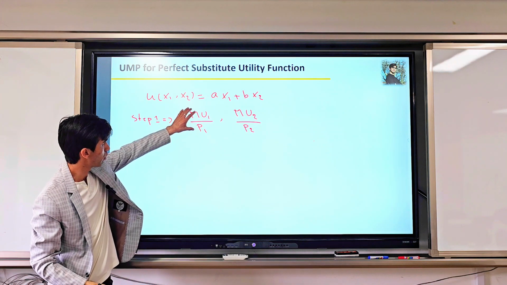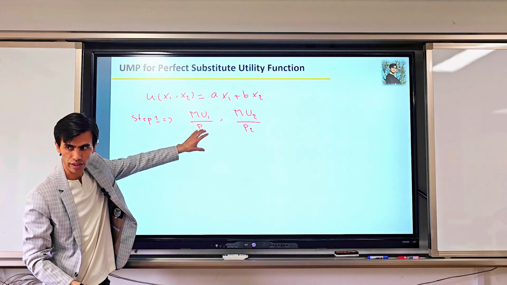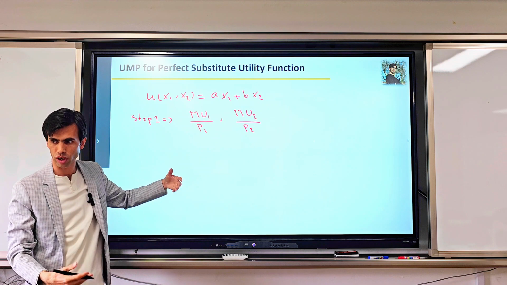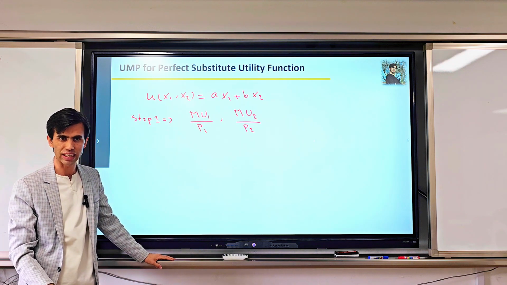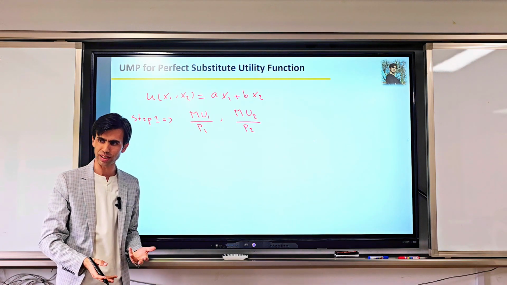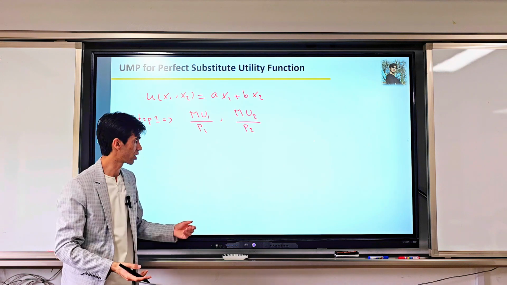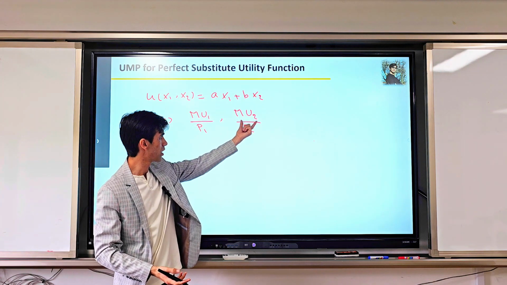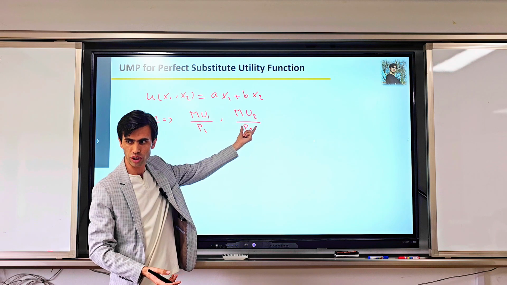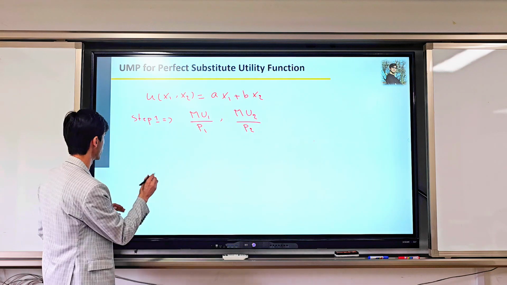If we divide the marginal utility by price, it's called the marginal utility per dollar, or per amount of money, or per currency. It can be won, dollar, or any other country's currency. This is the first step.